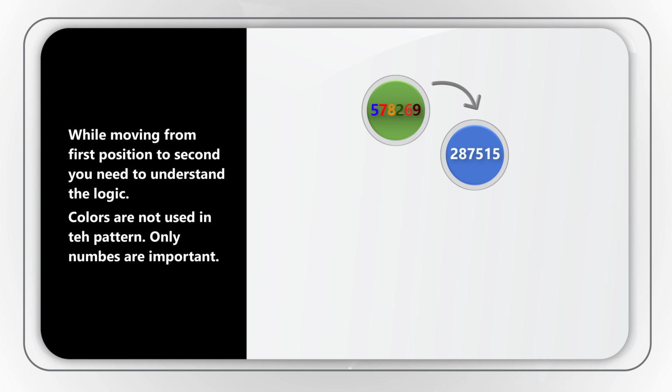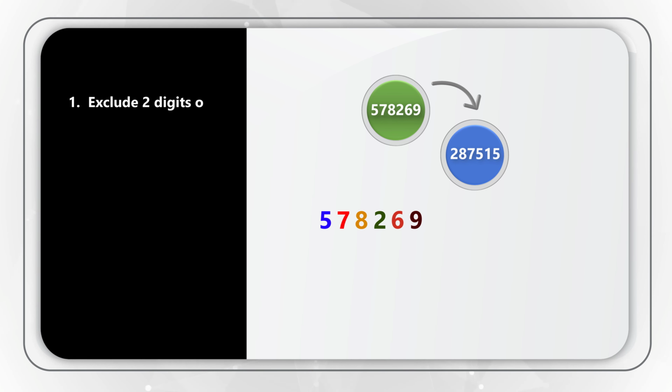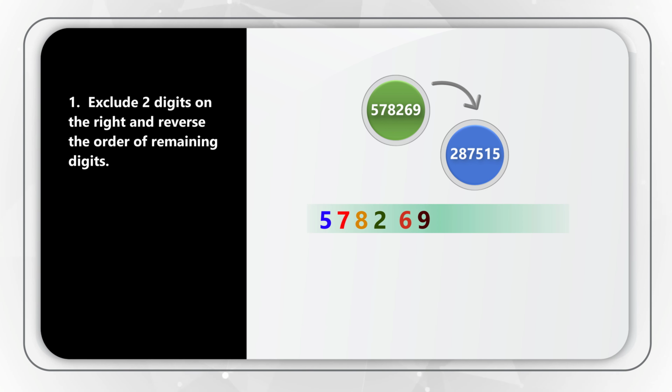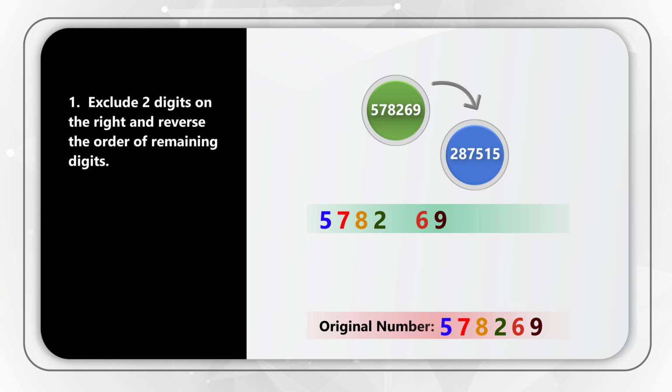And to complete the transformational pattern, we need to do it in 3 steps. Step 1. We need to exclude 2 digits on the right and reverse the order of the remaining digits. For example, original number is 5782 and then 2 digits 69. We separate 69 and then reverse the order, and number becomes 2875, and then we do remaining calculations with the numbers 6 and 9.